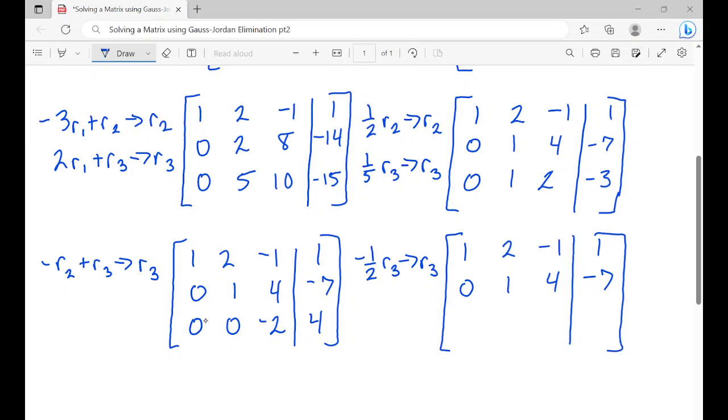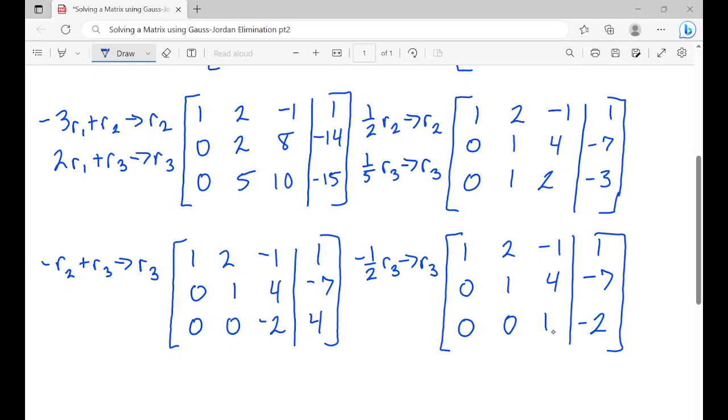And so negative a half and 0 is 0. Negative a half and 0 is 0. Negative a half and negative 2 is positive 1. There's 0. And then negative a half and positive 4 is negative 2. Clean that up. So now that looks nice and clean.